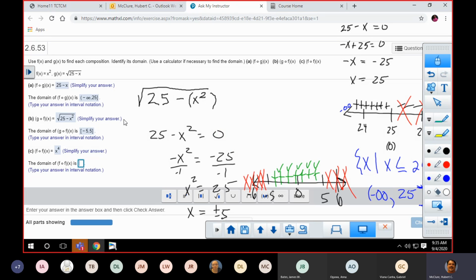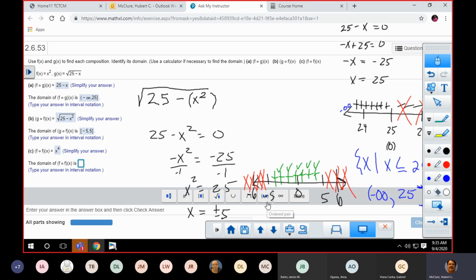And what's good about x to the 4th? Well, it's not a fraction and it's not a radical. So somebody tell me, what is the domain of something that doesn't have a fraction or a logarithm or radical? All real numbers. Good job.